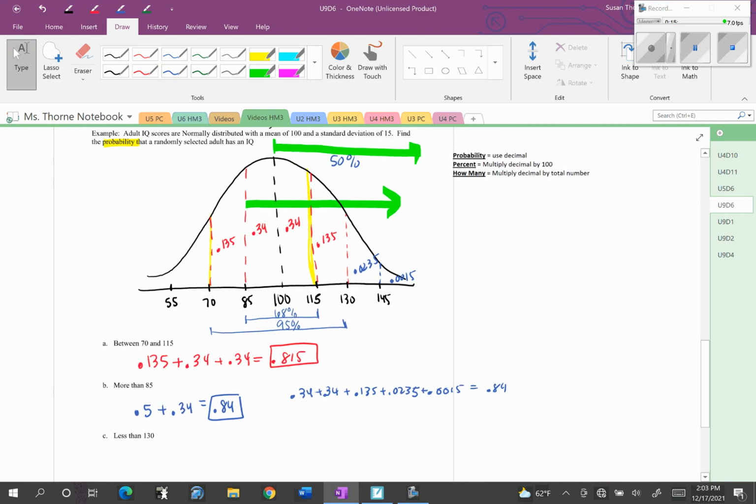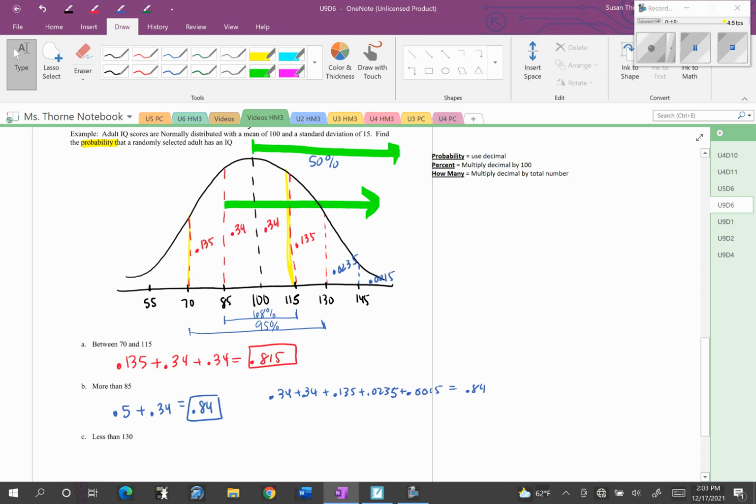So then the last part says we want to find the probability that the randomly selected adult has an IQ that is less than 130. So less than 130 would be from here going this way. So for that, again, same thing. We know from here to here is 50% of the data.